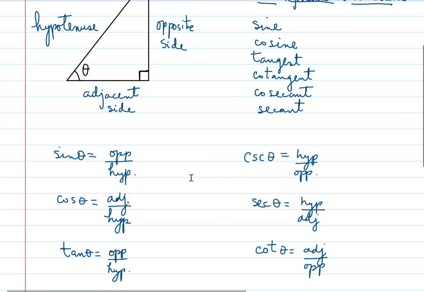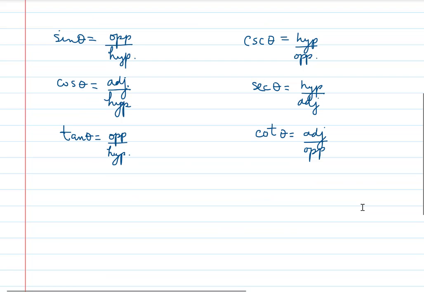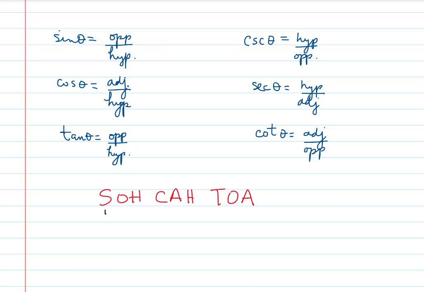Now, if this is your first time seeing these ratios, the definition of the trig functions in this way, there's a pretty straightforward, common mnemonic that is used to help you remember these trigonometric functions. I'm going to write it over here: SOHCAHTOA. It's a little acronym.